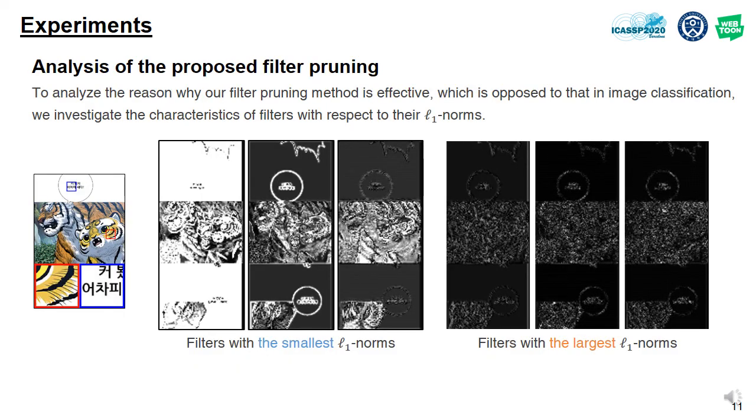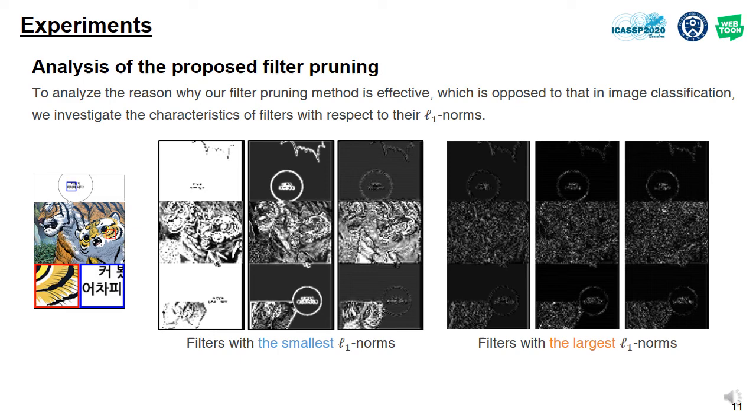To analyze the reason why our filter pruning method is effective, we investigate the characteristic of filters with respect to their L1 norms. These figures show example feature maps in the process of decoding this image. Left part is from the filters with the smallest error norms.